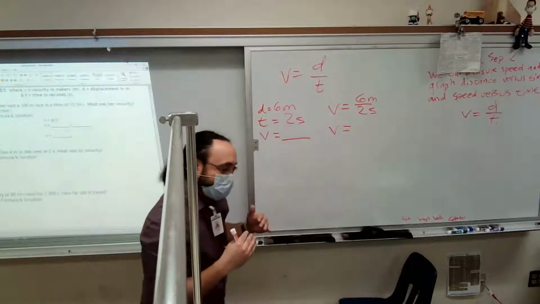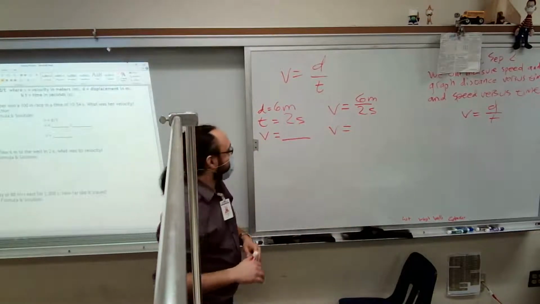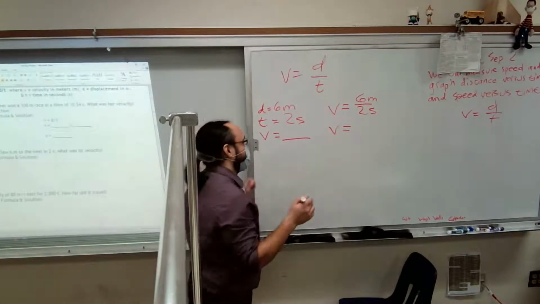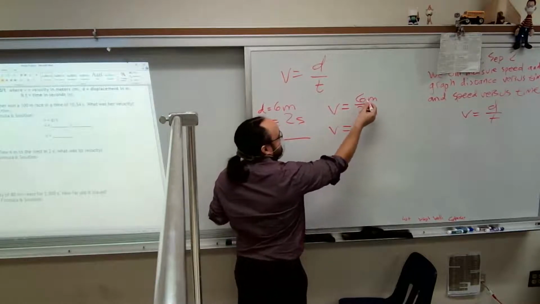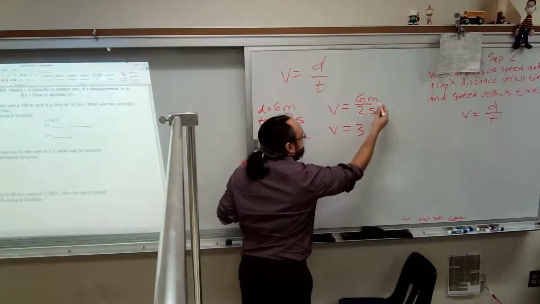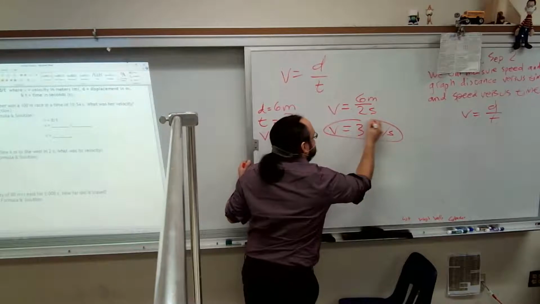If you stay organized and are careful, do things 1 step at a time, and don't skip any steps, always show your work, then it makes it less likely you'll make those mistakes. They'll happen, but hopefully less likely. So 6 divided by 2 is 3. And meters divided by seconds makes meters per second, and we're done.